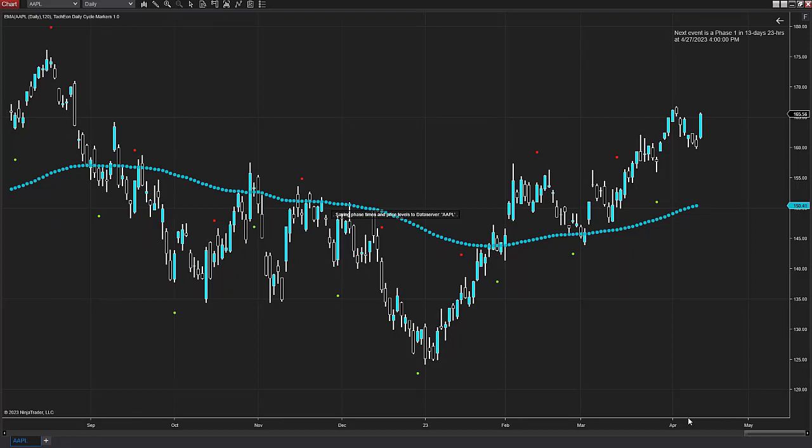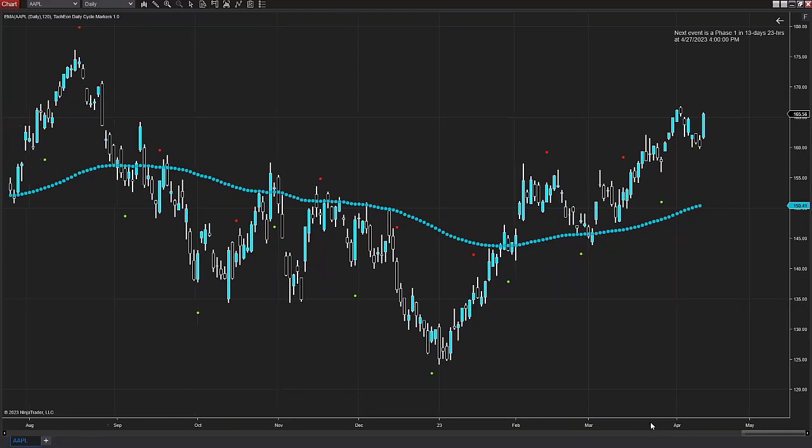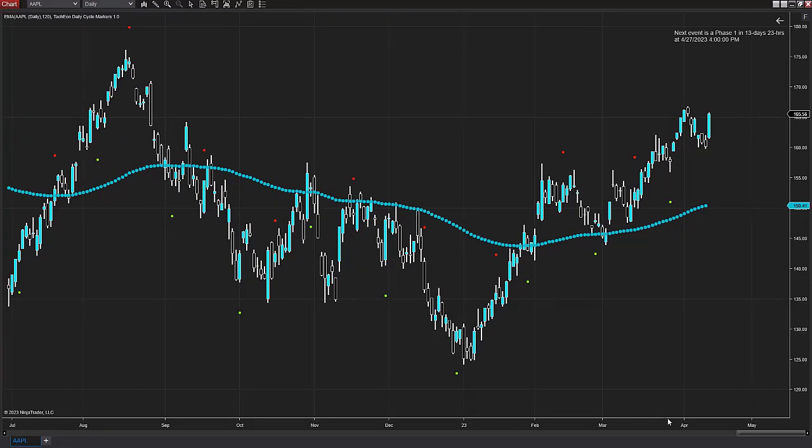So what would you guys say generally happens to the price of Apple stock when we're near a green dot? And what would you say generally happens to the price of Apple stock near a red dot? Those of you that have traded options, for example. That's right. It goes up and goes down. Well, here's the weird thing about Apple. Every little green dot is a first quarter phase, and every little red dot is a third quarter phase.